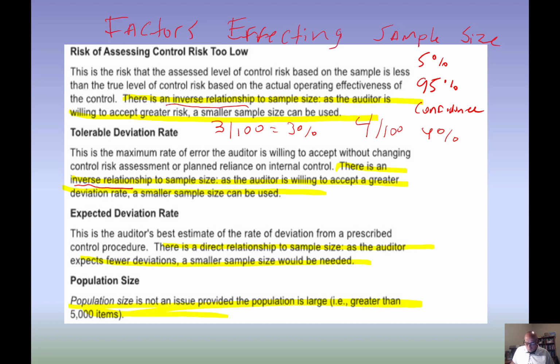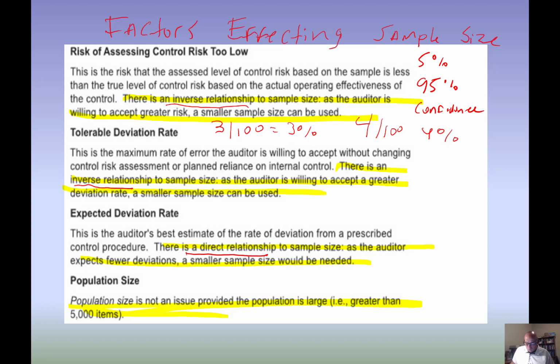Expected deviation rate, there is a direct relationship. Expected deviation rate is what I think the deviation from the control will be. Now how do I know what to expect? Well, typically, if you've had a client in previous years that you have experience with, that they don't apply the control correctly, then you're going to have a larger sample size.